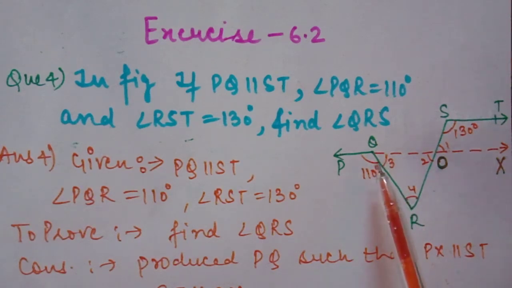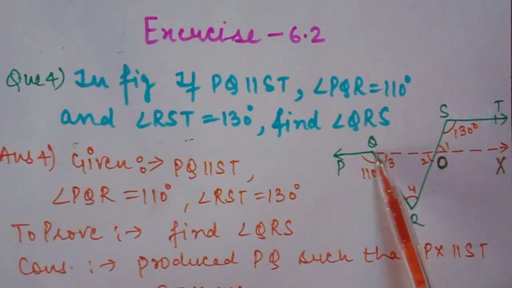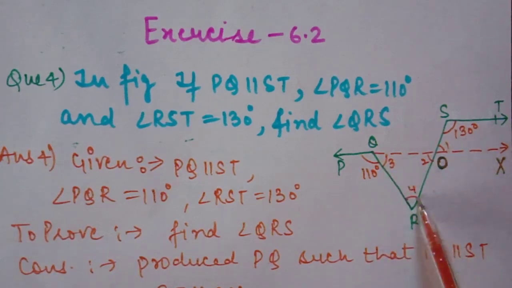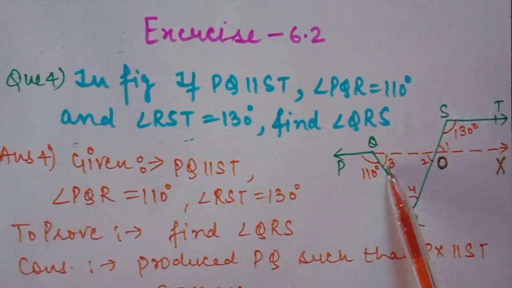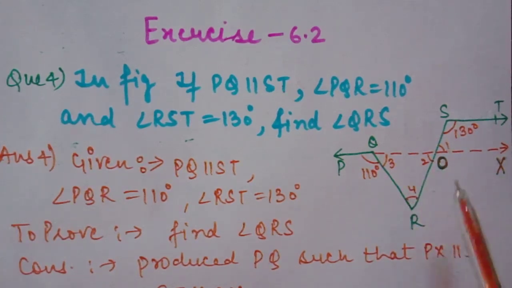Now some of the students are thinking about what I want to do. I want all three angles in this triangle, because we want angle 4. If we find angle 3 and angle 2 by any method, then we apply the angle sum property in this triangle and it is very easy to find angle 4.